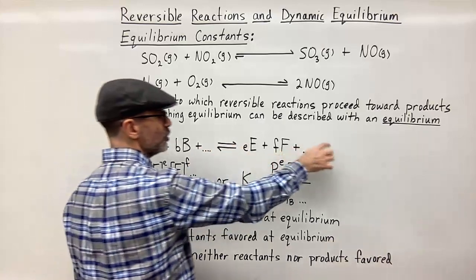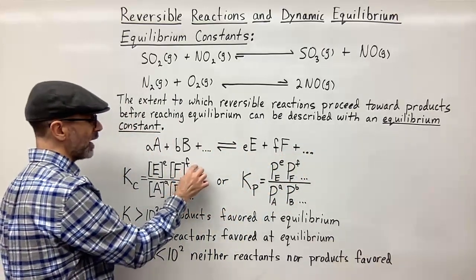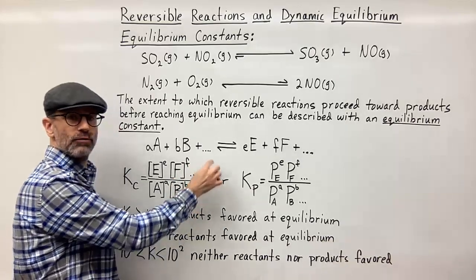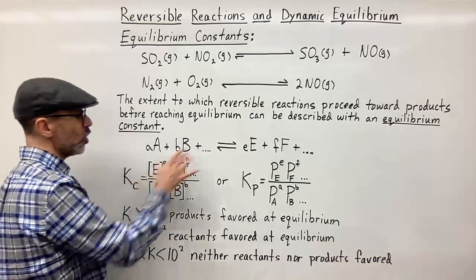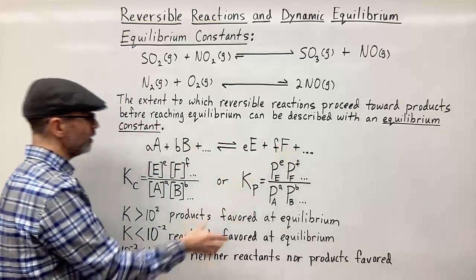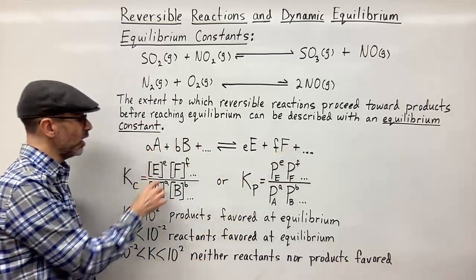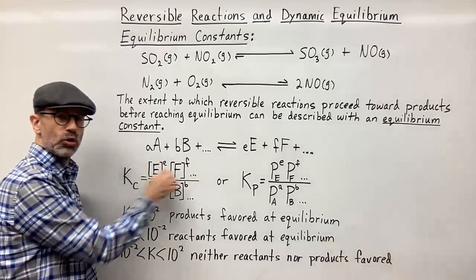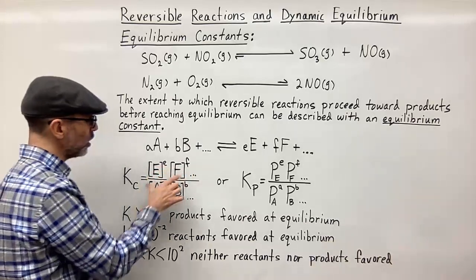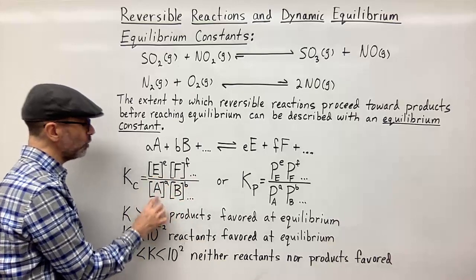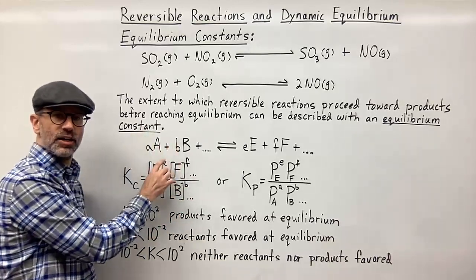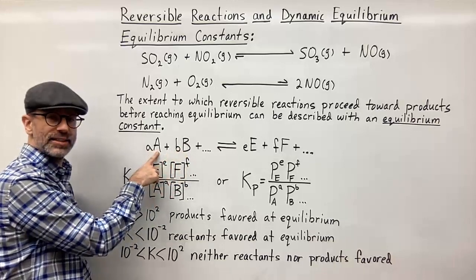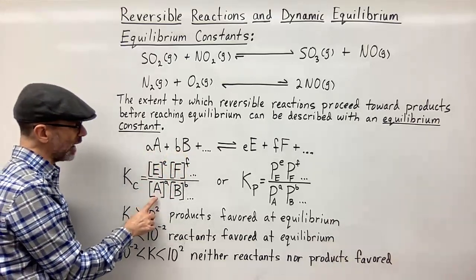If I had G, then I would multiply by the concentration of substance G raised to the power of little g, and so on. So whatever products you have, you take the concentration of them, raise them up to the power of their coefficient, and they're multiplied together. Then on the bottom, you're going to divide by the concentration of the reactants. So here I have reactant A, so I'm going to put that on the bottom.